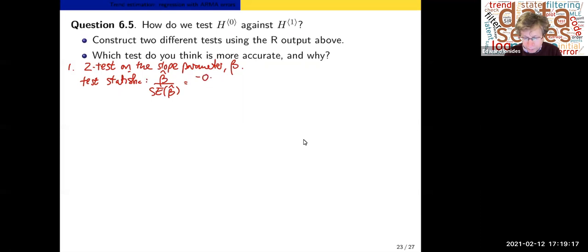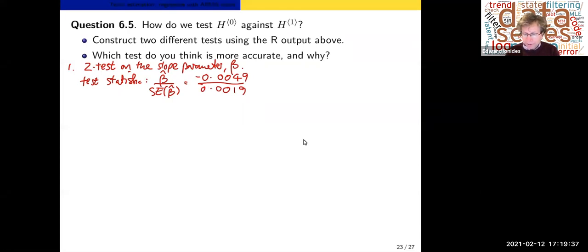These are just from the previous slides. 0.0049 was the estimated slope, and 0.0019 is its standard error.